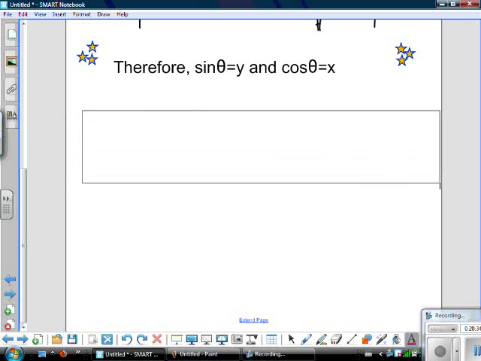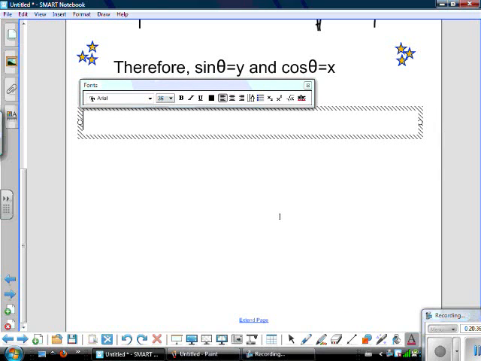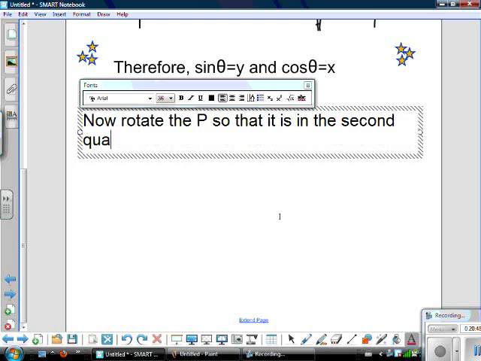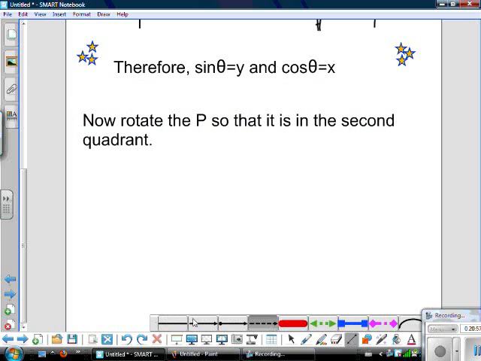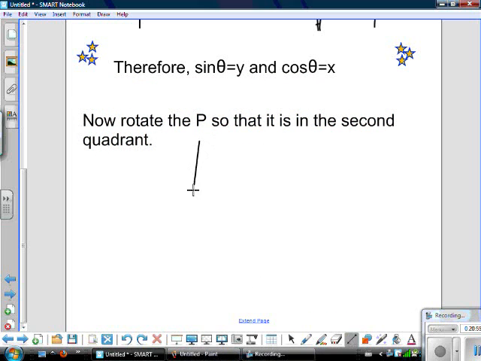So continuing, we would now rotate the P so that it is in the second quadrant. So what we end up having when we do that, and again, I'll just draw, this time I'm not going to do a full-blown rip the thing apart.